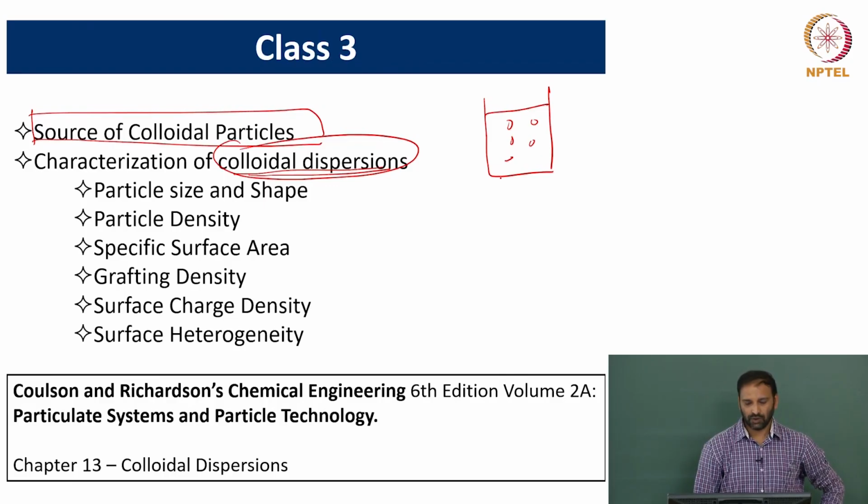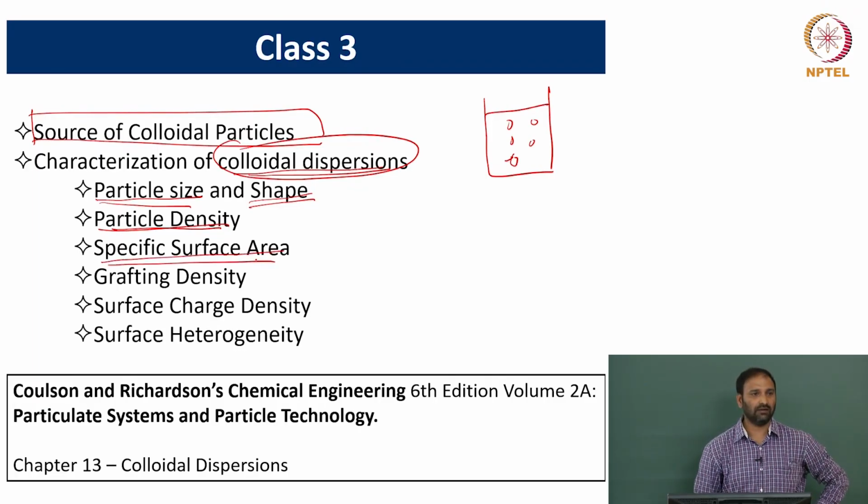If you talk about the particles themselves, one may be interested to know what is the size of the particle, what is its shape, and of course the density of the particle is important, it's a useful quantity that you should know for several different things, as we will see a little later.